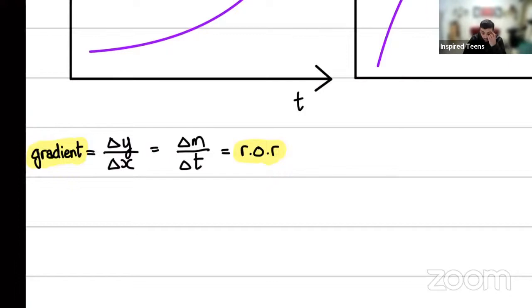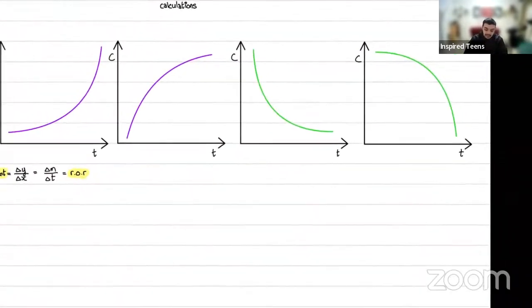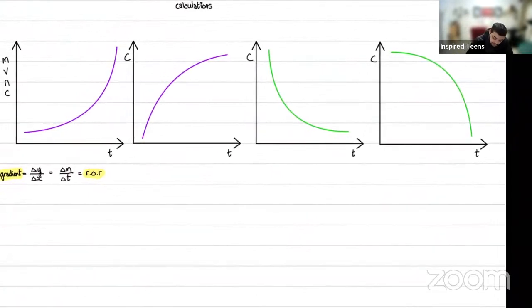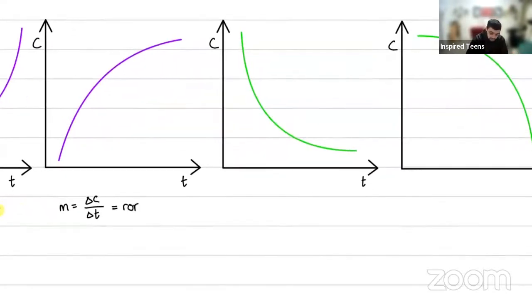So for all of these graphs, the gradient gives us rate of reaction. Why? Because here the gradient is equal to delta C divided by delta T, which is equal to rate of reaction. Same thing for the rest, because I didn't choose something different. Let's use volume here.